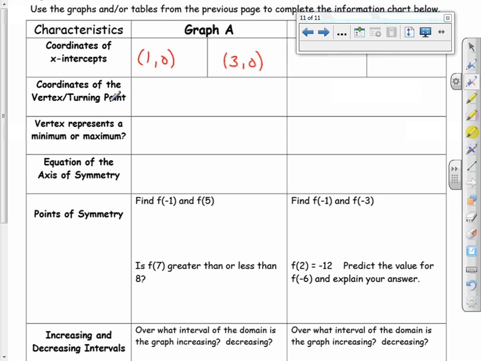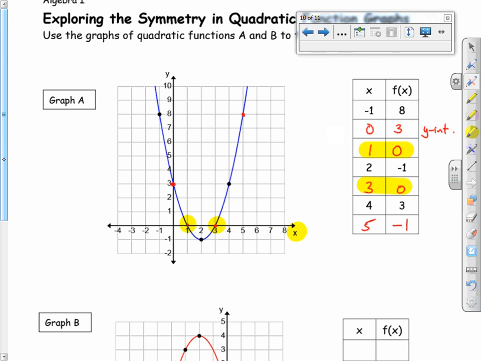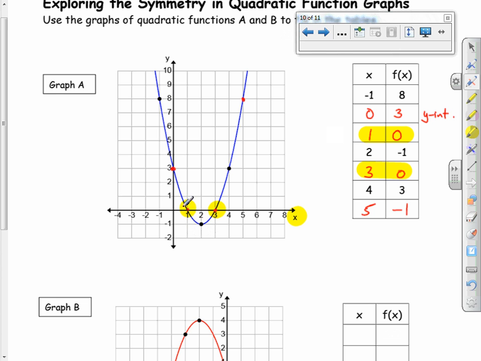The coordinates of the vertex or turning point, I think that should be a pretty easy one for you. Let's go to the next one. Does the vertex represent a minimum or a maximum? Well, in parabolas that are U-shaped, the vertex is the lowest point on the graph.